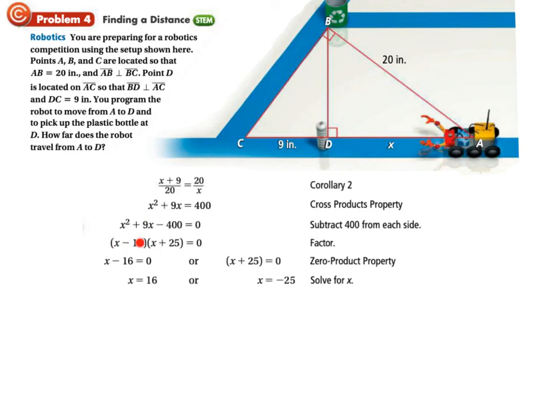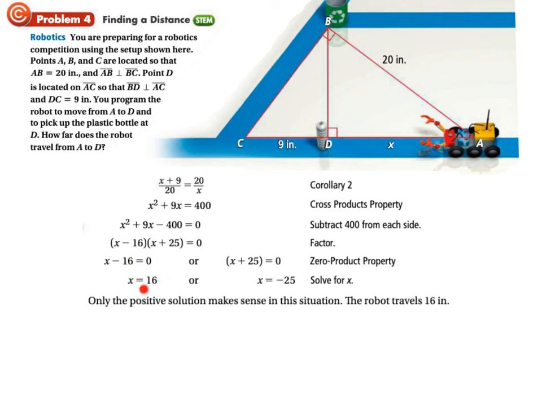Setting each factor to 0, because the zero product property says if you multiply and get 0, one of the things had to be 0. So either this was equal to 0 or this was equal to 0. When you solve that, you get x equals 16 or x equals negative 25. And there's a fun fact here: only positive solutions make sense because we're dealing with a length, and lengths are always non-negative.